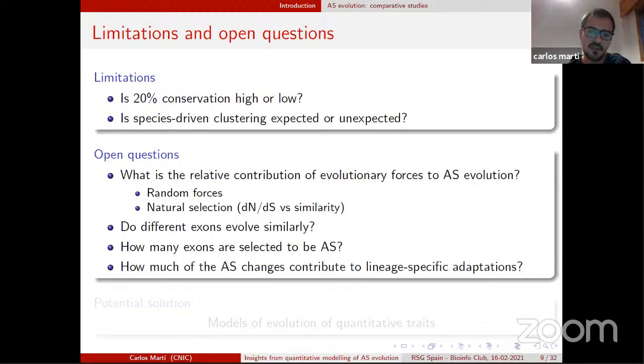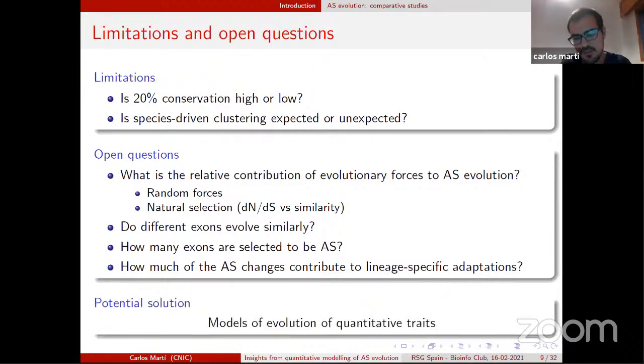And something interesting that we will also try to address in this work is how much of the alternative splicing changes that we observe between different species are actually selected to be different, or it's just a matter of random noise. So to try to answer these questions, what we propose in this work is to use models of evolution of quantitative traits and adapt them to analyze alternative splicing data.